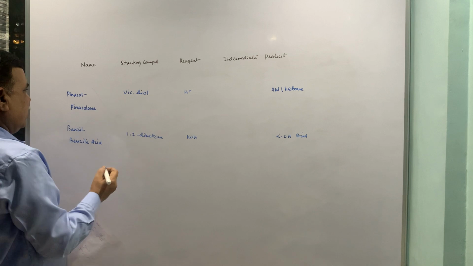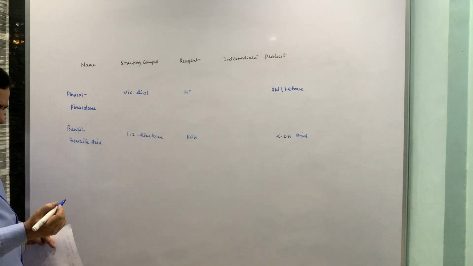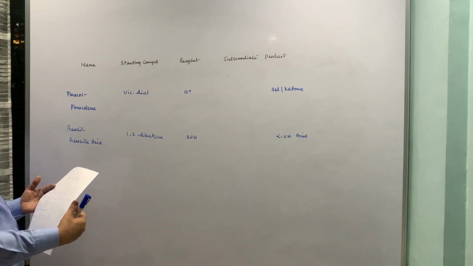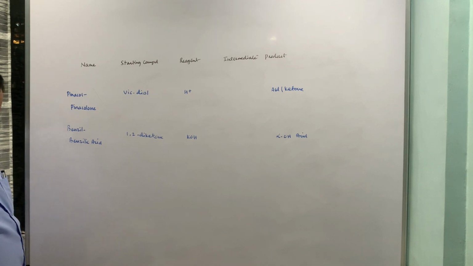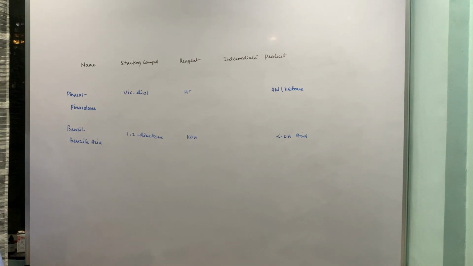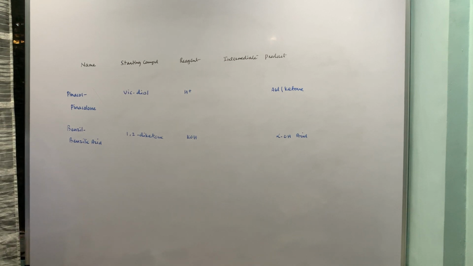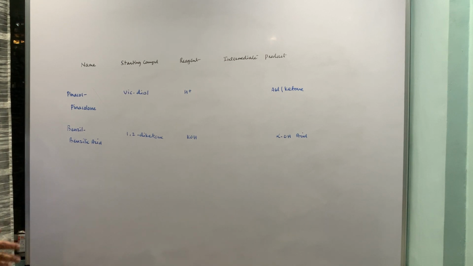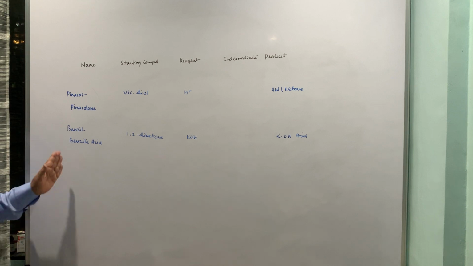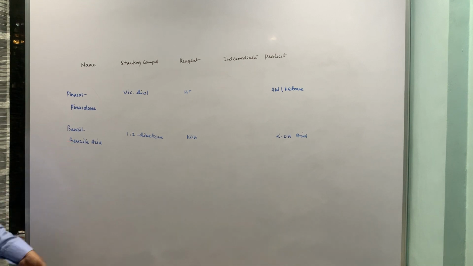So, in this way, if we make a chart, there are about 12-13 reactions in your syllabus. Those 12-13 reactions can be put in a table and you can remember them very easily. The mechanism and other parts are the next thing. First of all, you have to understand what the reaction is, and then the mechanism will automatically come.